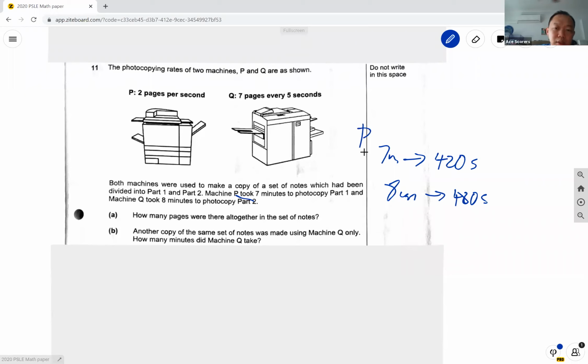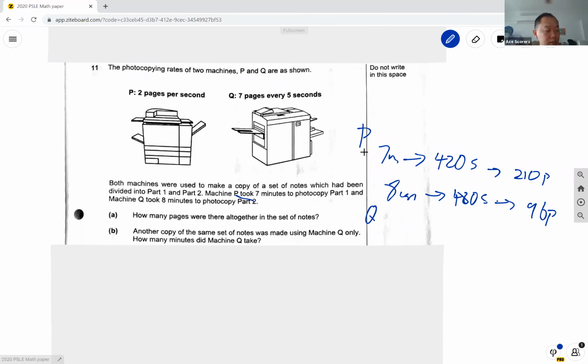So this is P, and this is Q. If P prints 2 pages per second, 420 seconds would mean it produced 420 divided by 2, 210 pages. This one, 480 divided by 5, 96 pages.